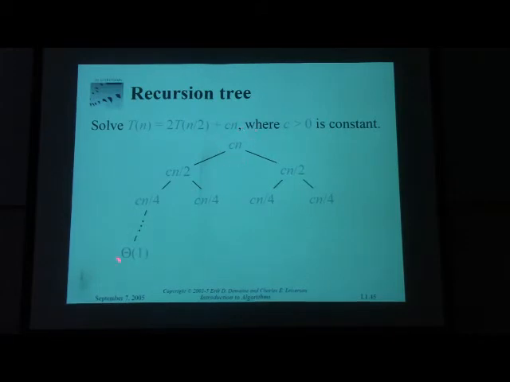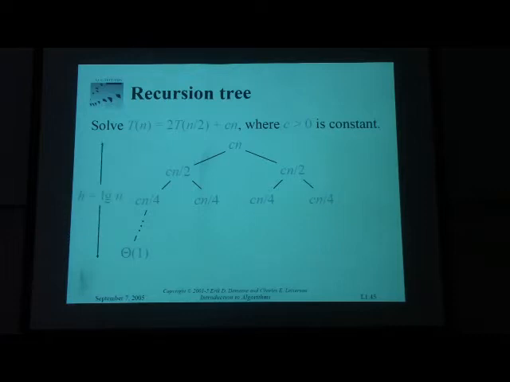And how many nodes do you expect to have at this bottom level? So you expect to have not n levels, but how many nodes at this level? n. Each one of them doing how much work? Unity.